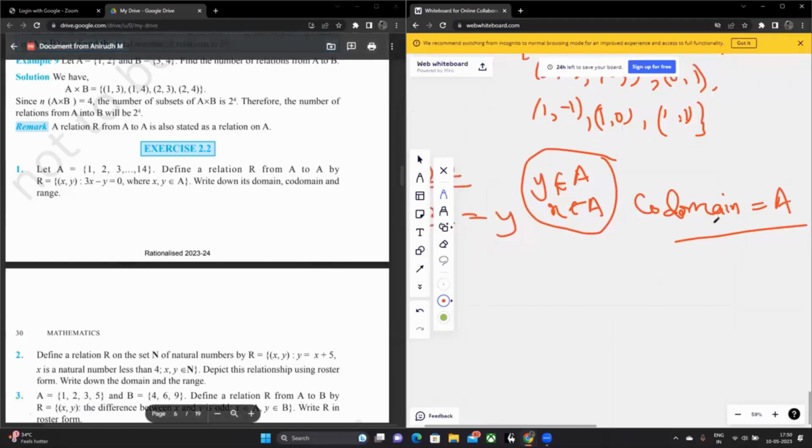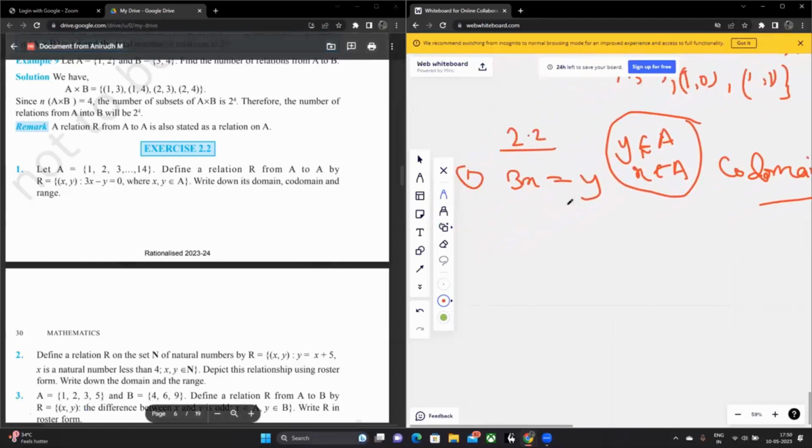This is the codomain. And so you have the fact that this can take values of 1 to 14, and this can also take the same values. So this is a whole number, and this is also a whole number, right? If this is a whole number, then y can only be multiples of 3 which are less than 14, because set A only travels up to 14.